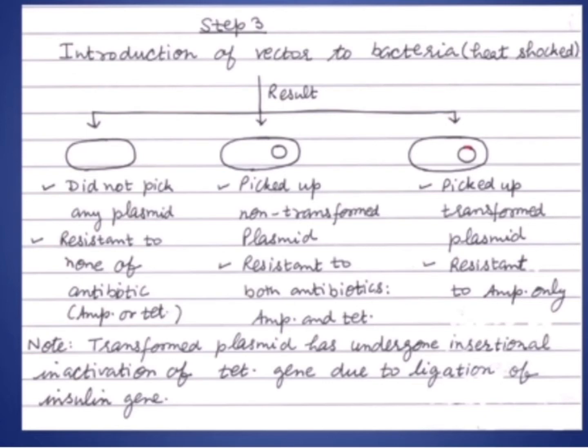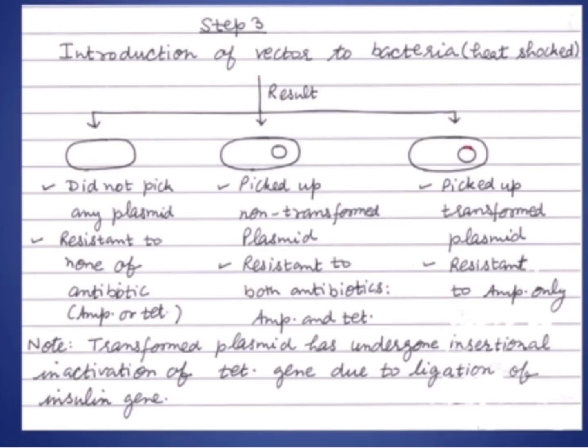The third type of bacteria has taken the transformed plasmid, wherein the tetracycline gene has been inactivated because the foreign gene, the insulin gene, was inserted into it. Okay, so let us see what happens when this type of bacteria is exposed to the antibiotics.